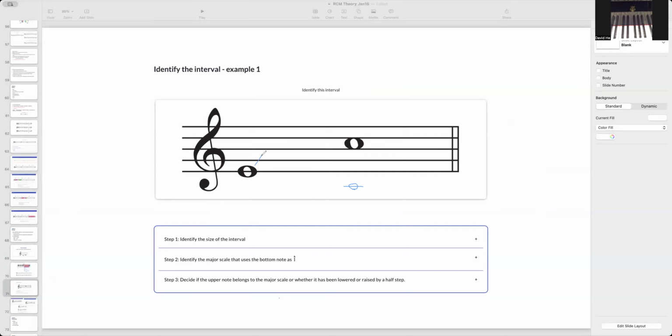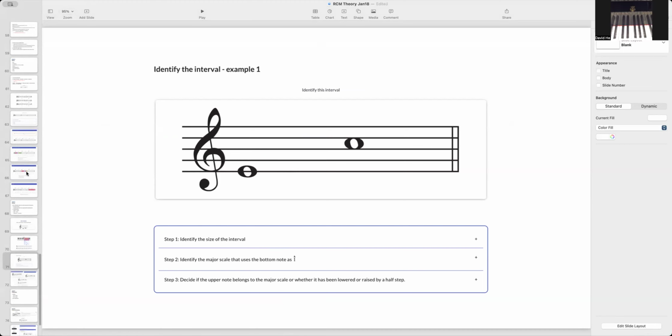So this one is the original interval, and this one is the inversion of it. It's pretty straightforward. Yes, that's correct. That's called inverting these intervals.